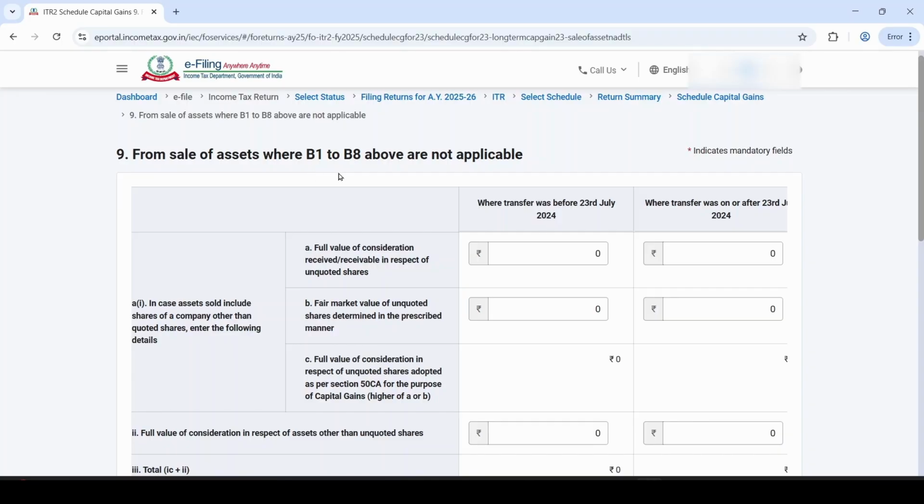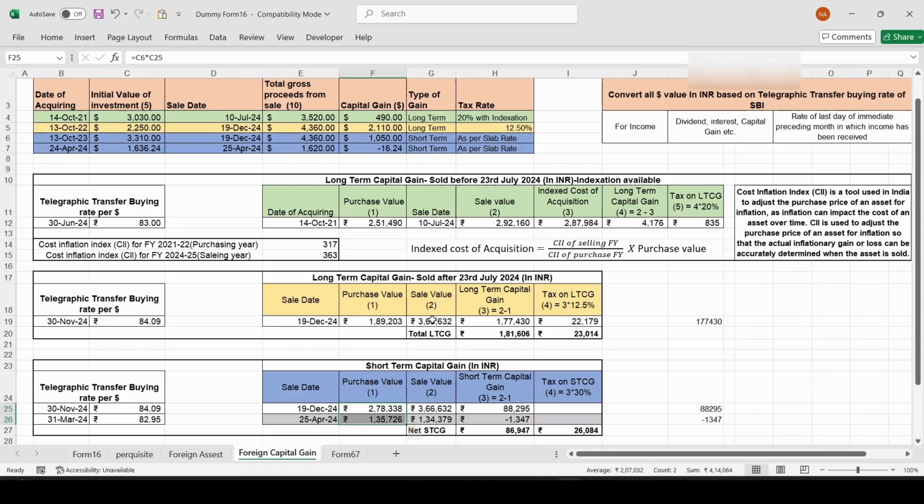For long-term capital gain on foreign shares, if we have sold before 23rd July 2024, we need to provide details in the first column. And if we have sold on or after 23rd July 2024, we need to provide details in the second column. As per our example, in one entry, we sold shares before 23rd July 2024. So this long-term capital gain will go in the first column.